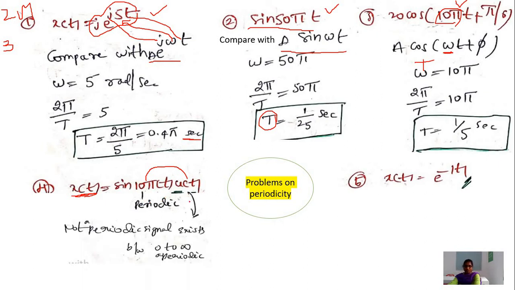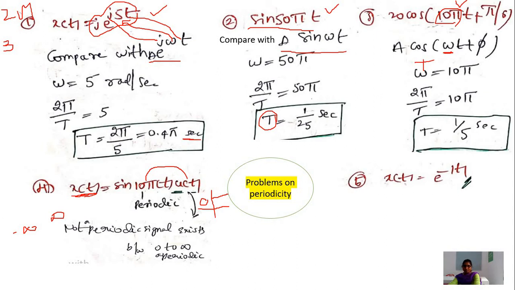Unit step signal is not periodic because all the periodic signals will exist over the range minus infinity to infinity. But how is your unit step signal? It starts from 0 and goes from 0 to infinity, not a repeated shape. To the negative side, the value is 0. That is why your unit step signal is non-periodic.